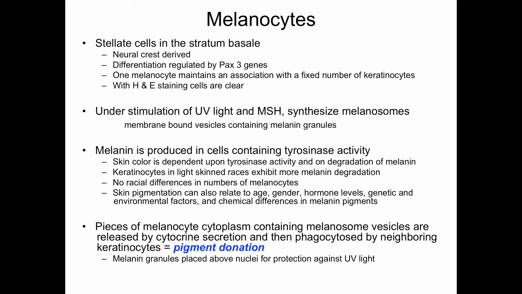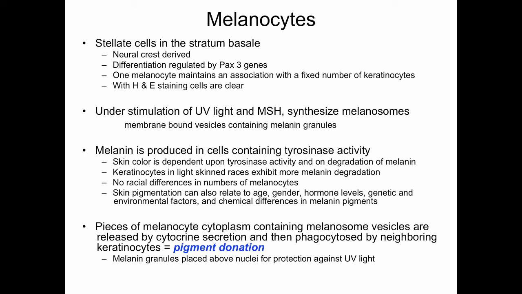Now, skin pigmentation might also relate to age, to gender, to hormone levels, perhaps to genetic and environmental factors, and there are some chemical differences in melanin pigments. Now, I do want to make this point.